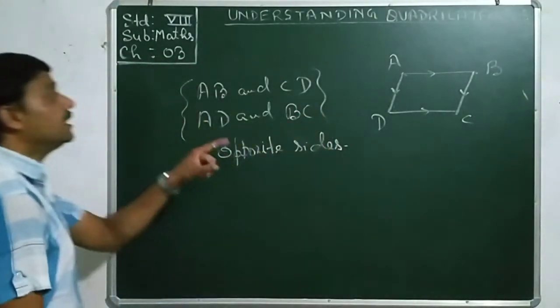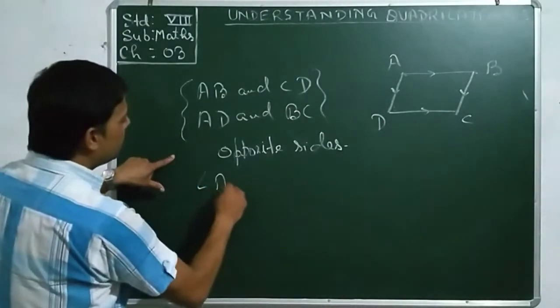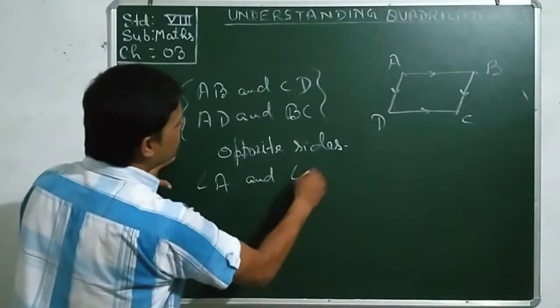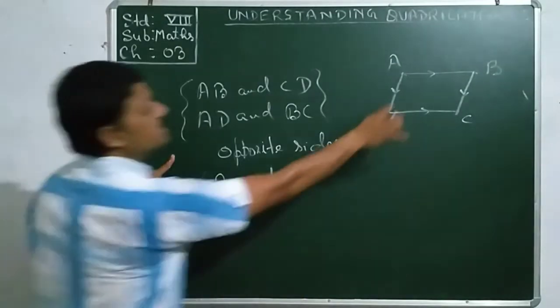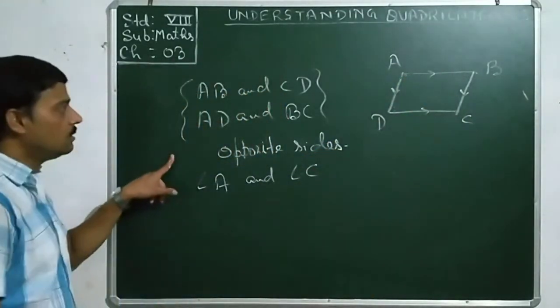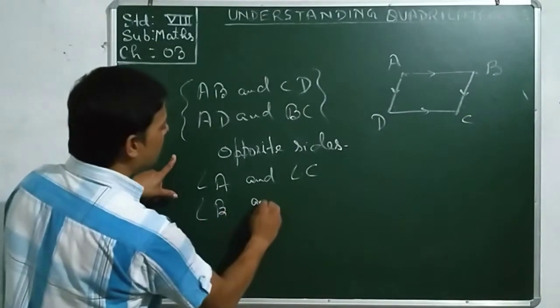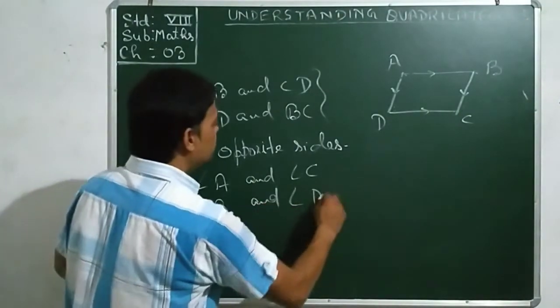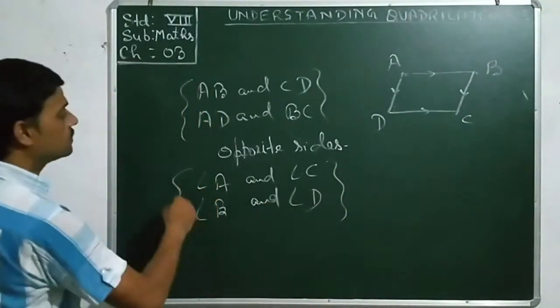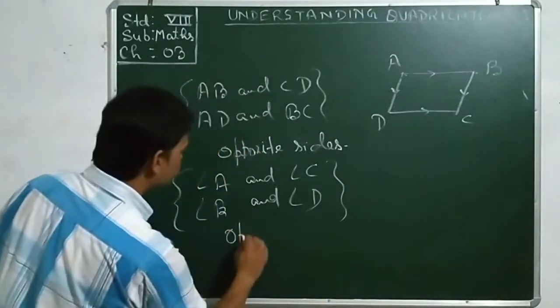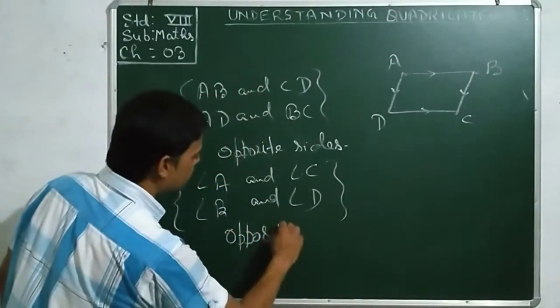Similarly, angle A and angle C, and angle B and angle D, are opposite angles.